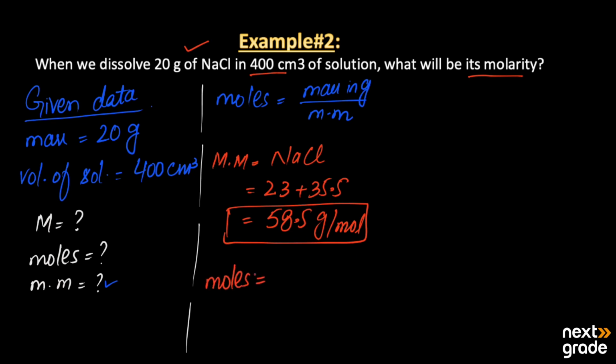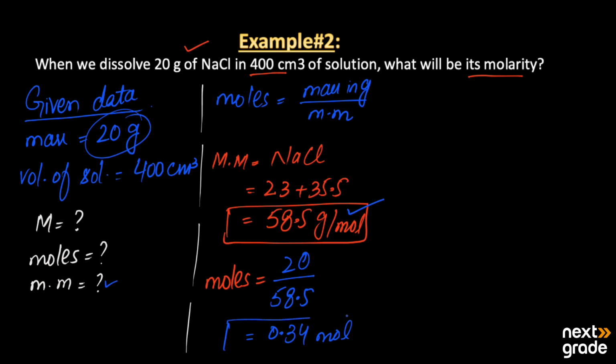The moles equal the mass in grams, which is 20 grams, divided by the molar mass, 58.5, and the answer is 0.34 moles. This is the total number of moles we have.